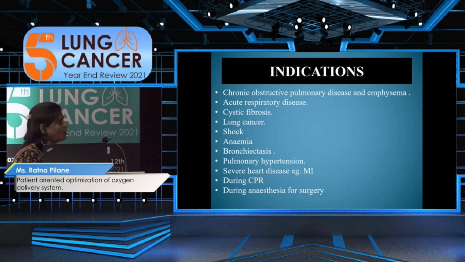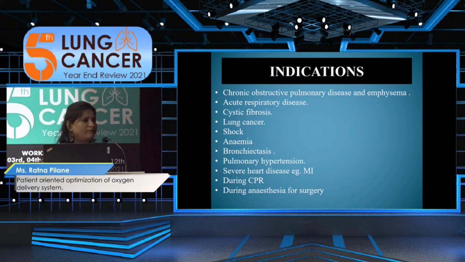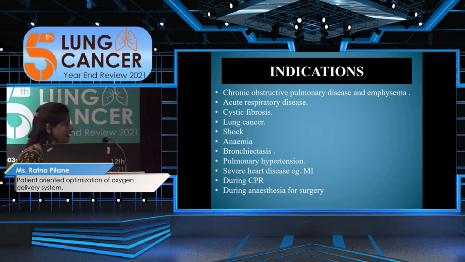Then indications for the oxygen delivery system. First one is COPD, that is chronic obstructive pulmonary disease, and emphysema. Emphysema is the affecting of the alveoli of the lungs. Then acute respiratory diseases. Cystic fibrosis, when there is an abnormal thickening of the mucosa in the lungs. Then lung cancer. Shock in case of burns.